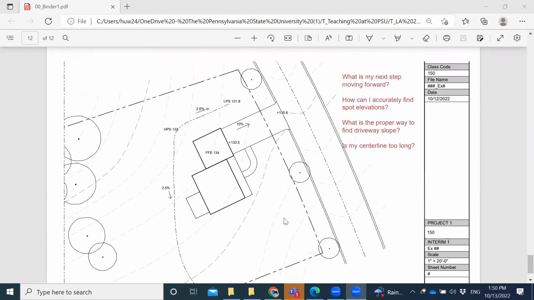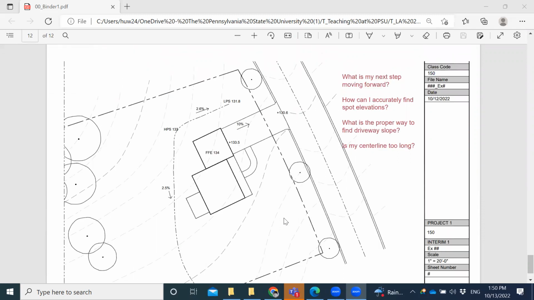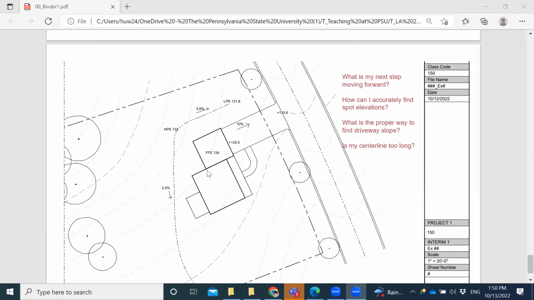The HPS being 133, you should be able to drain this one out. You should be able to drain that corner out. And yeah, I will verify the driveway, and then I will move forward with the drafting of the contours. Okay.